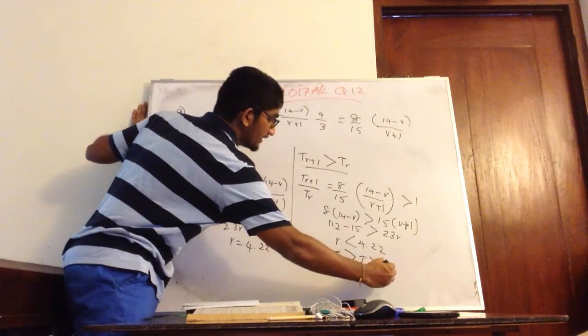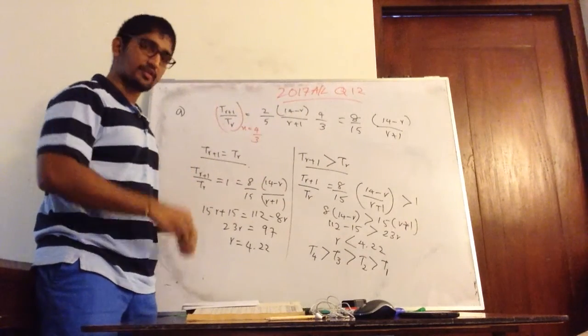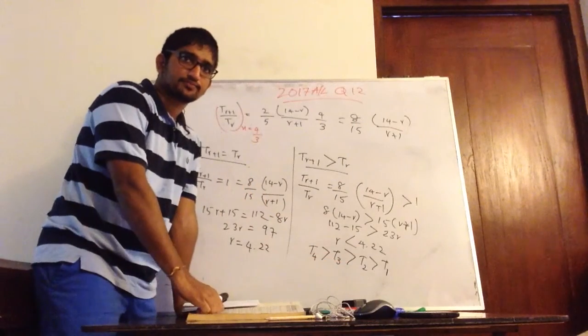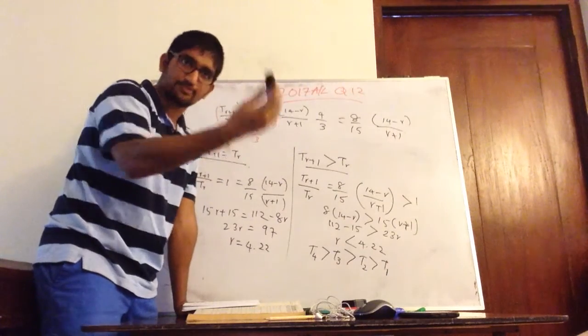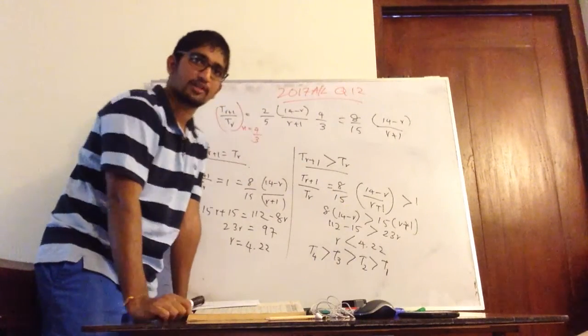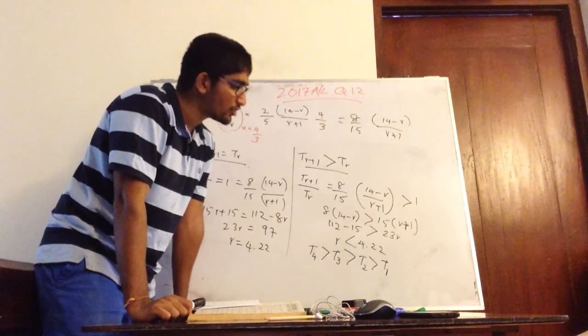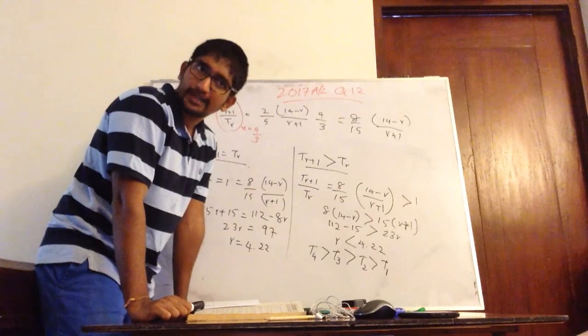T2 will be greater than T1. Because the previous one will be higher, the next one will be higher than the one before, when R is less than 4.22. Right? Okay?